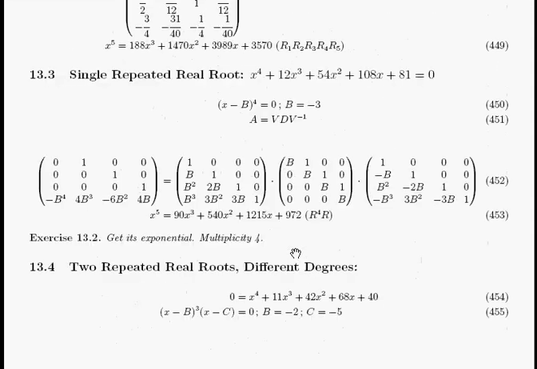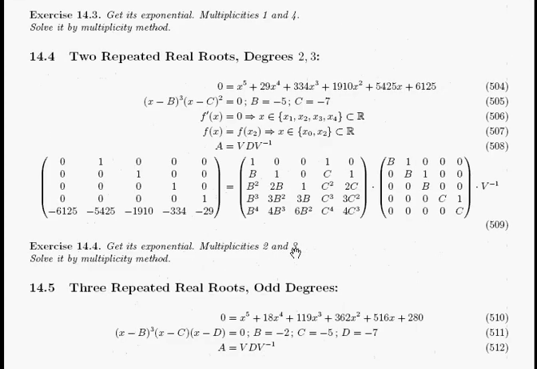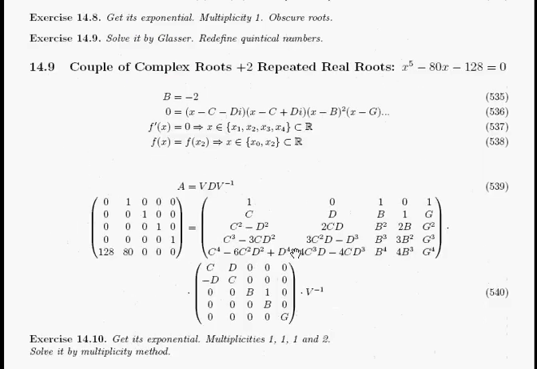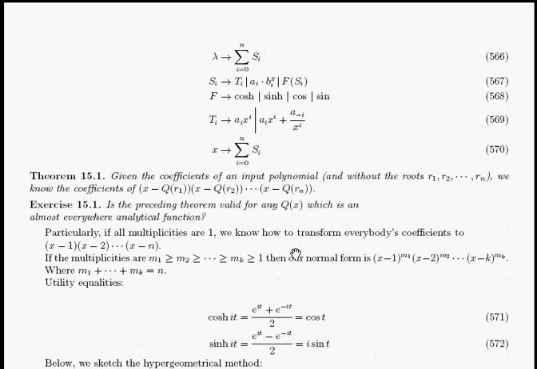All we have now is 4th degree, 5th degree, and higher. What we want to show? We want to show that we have a single equation, and given the coefficients of any input polynomial and without the roots, we can know the coefficients of x minus q of r1, x minus q of rn.